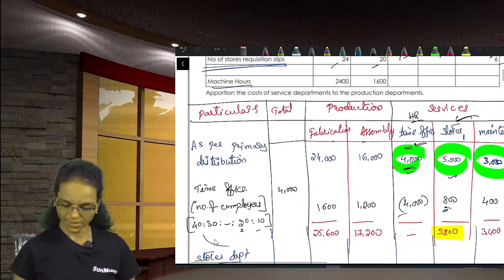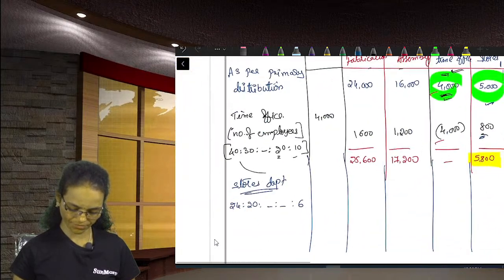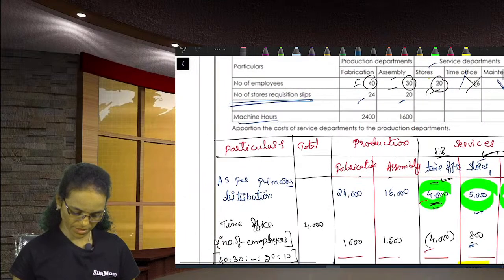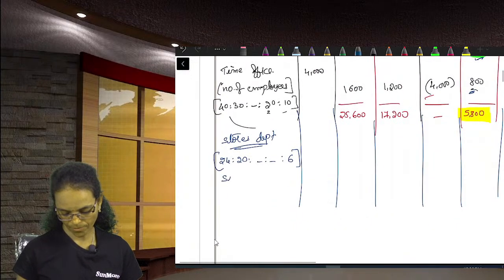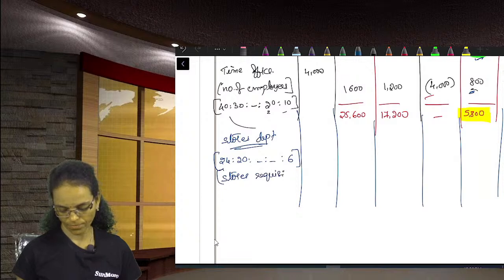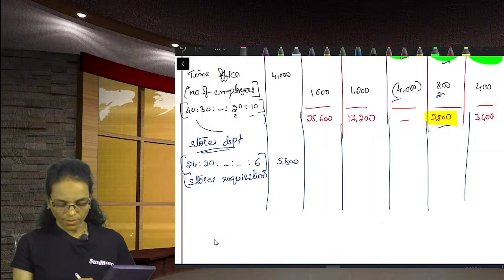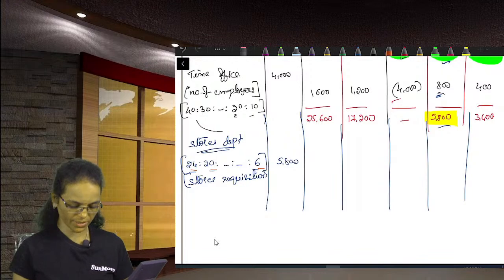At last 6, that is for the maintenance one. On the basis of stores requisition, total amount 5,800. Total, this is how much? 24 plus 20 plus 6 is nothing but 50.